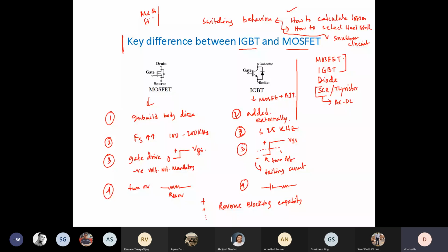Sometimes with proper design, it can block a decent amount of reverse voltage also. So there is some concept called PT and NPT. This is punch through IGBT, and this is non-punch through. Those you'll learn in detail if you go to the other lecture on this IGBT.